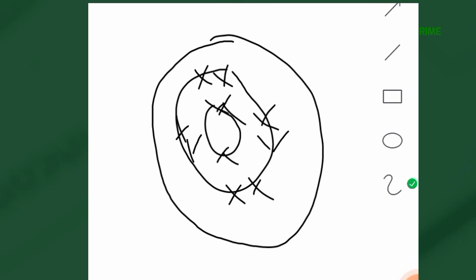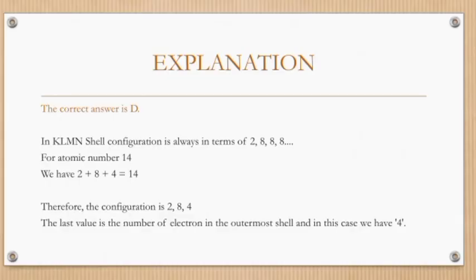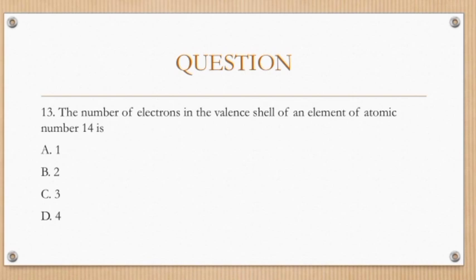So the valence shell should be the outermost shell, the number of electrons on the outermost shell. So you will be left with 1, 2, 3, 4 to make 14. So the number of valence electrons in this element with atomic number 14 is actually 4. 4 is actually the correct answer, which is D. I hope you got this.